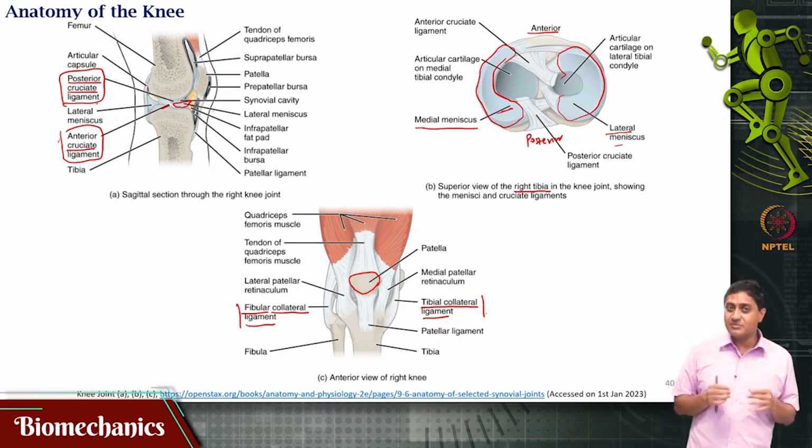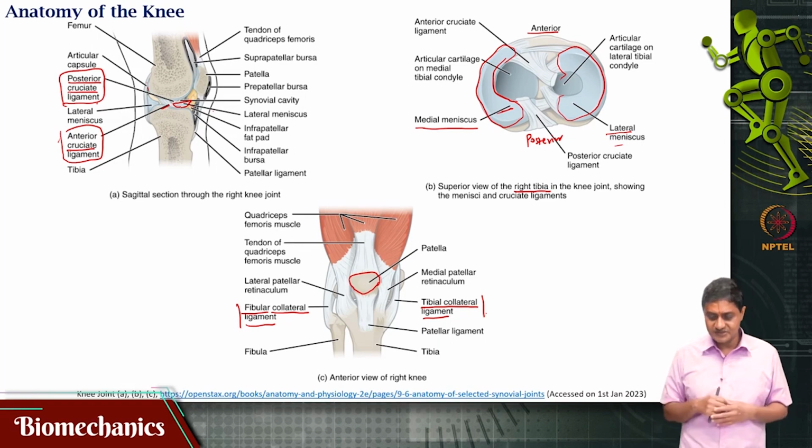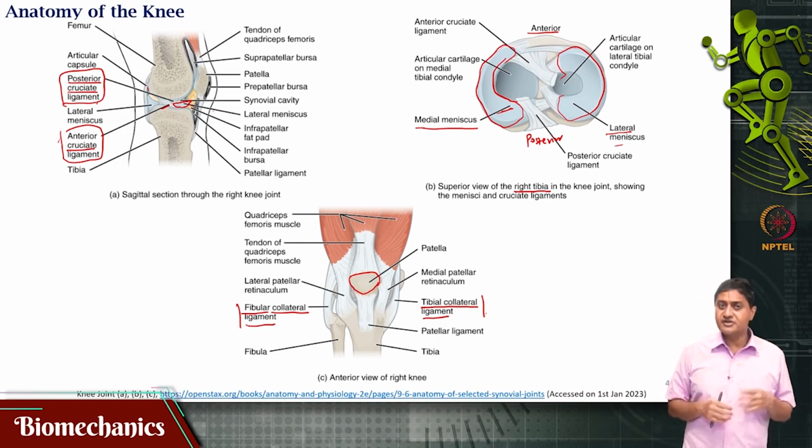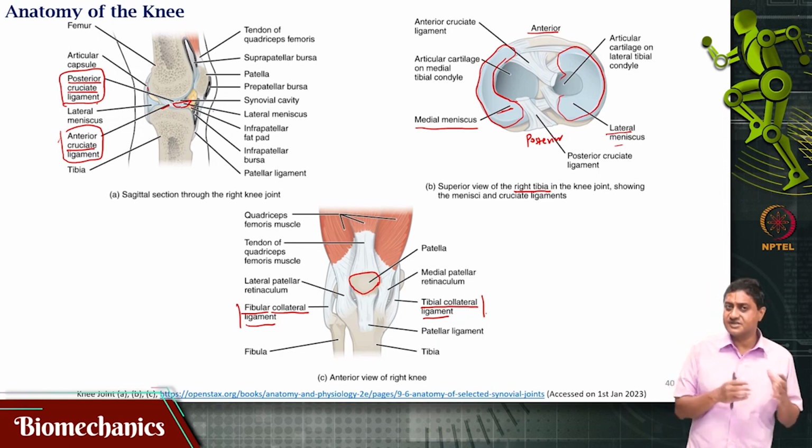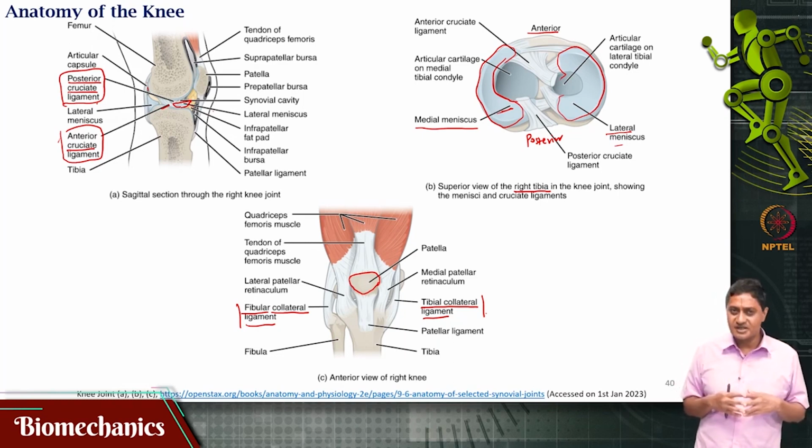And there is padding between the tibia and the femur, called the meniscus, the medial meniscus and the lateral meniscus, and the functions of each of these were discussed. Essentially, the movement of the tibia against the femur in the sagittal plane is the only movement of interest for us, which is flexion and extension.